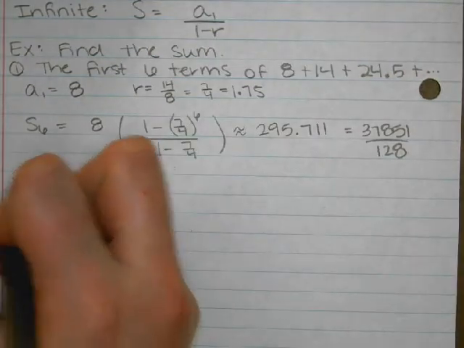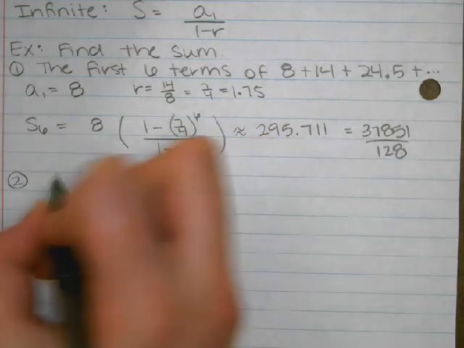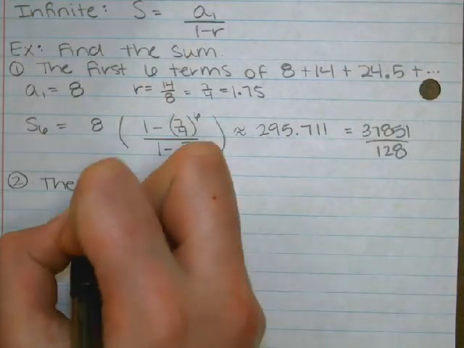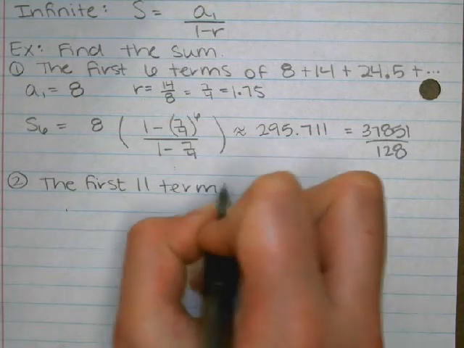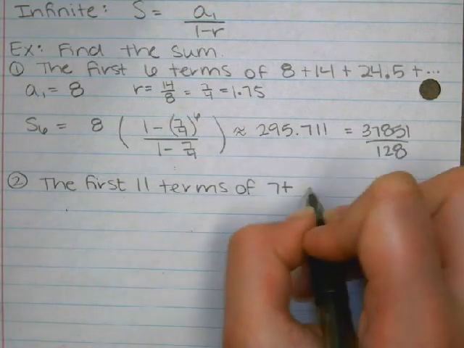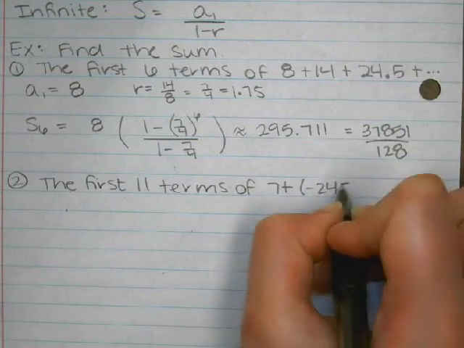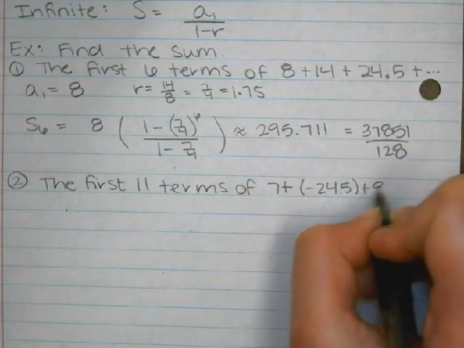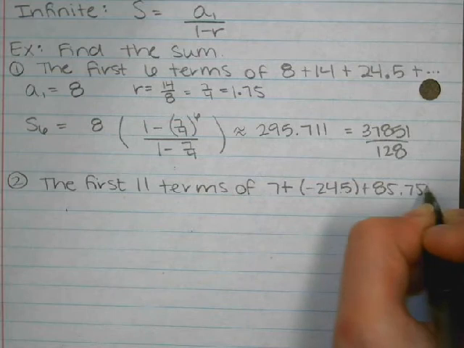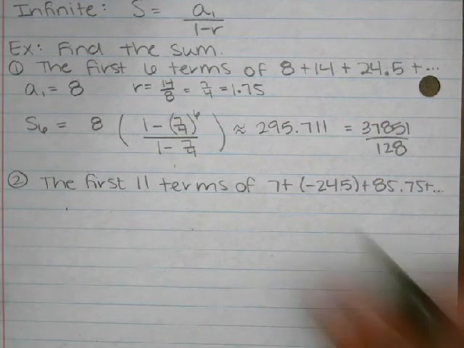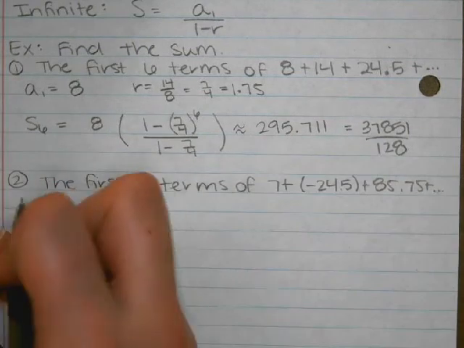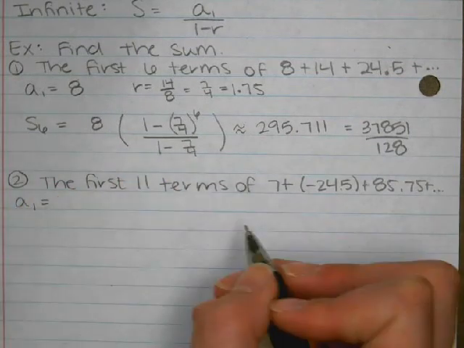All right, second example, we're going to find the first 11 terms of 7 plus negative 24.5 plus 85.75. I don't know why they came up with all these crazy problems, but it wasn't me, it was the book.